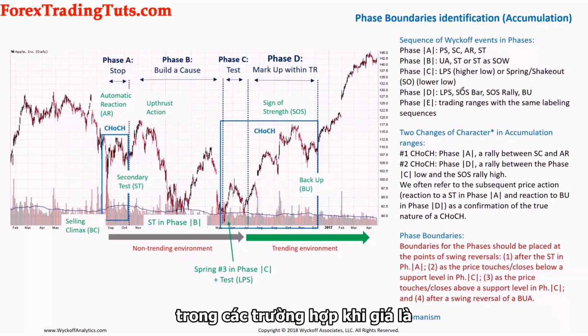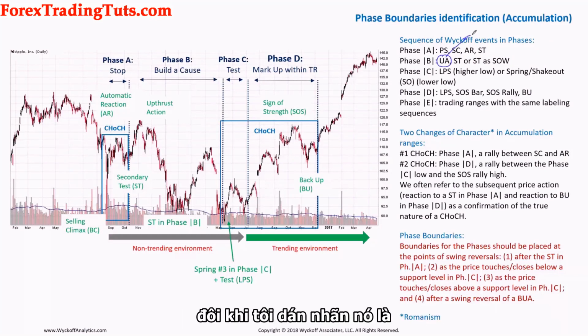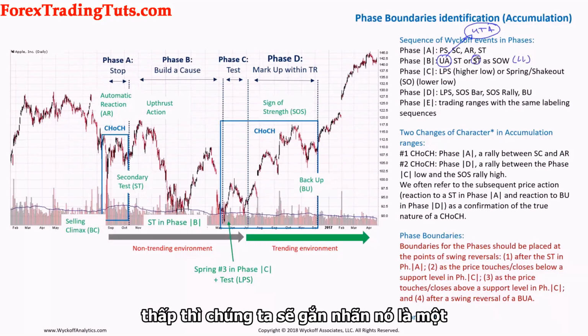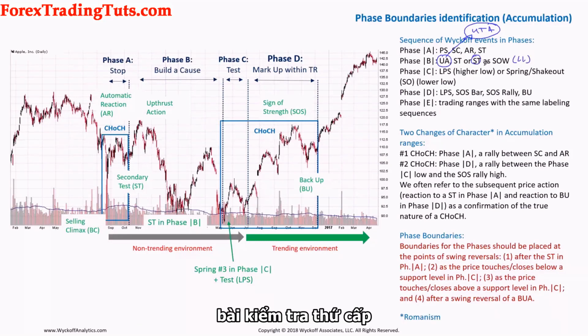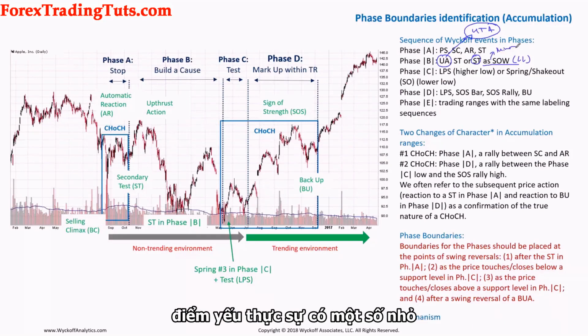In the instances when the price is going to overcome the resistance, we're going to say that we're looking at the upthrust action. Sometimes I label it as upthrust action, like this, UTA. And if we're going to have a lower low, then we're going to label it as a secondary test, as a sign of weakness, as a minor sign of weakness, actually. Yeah, some small corrections here are needed.